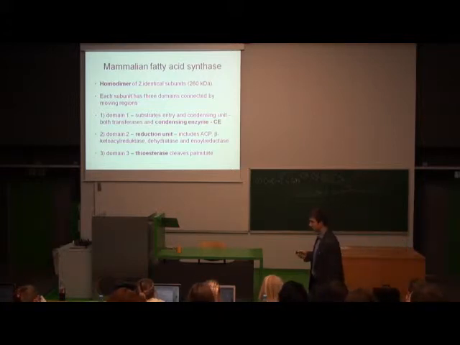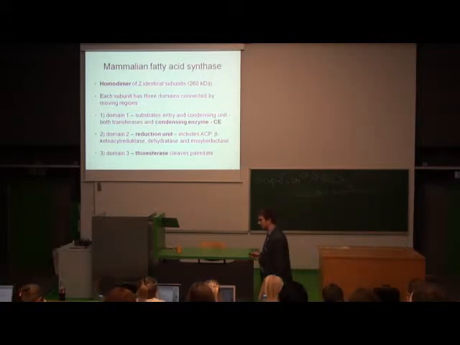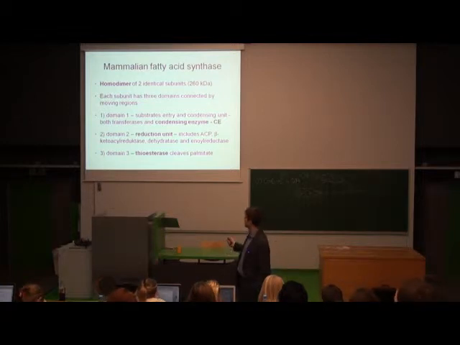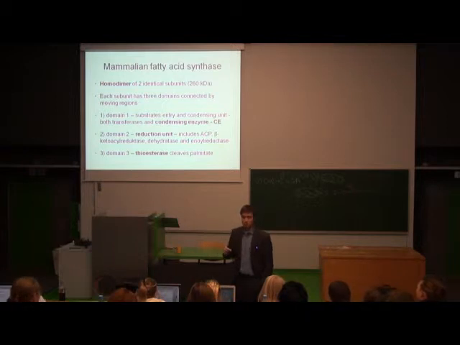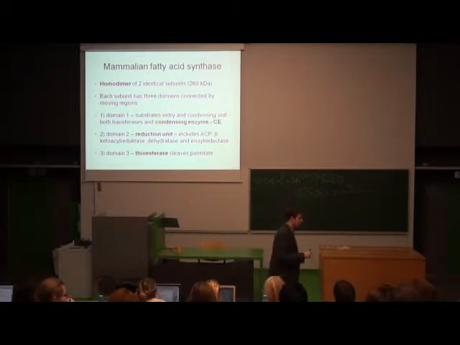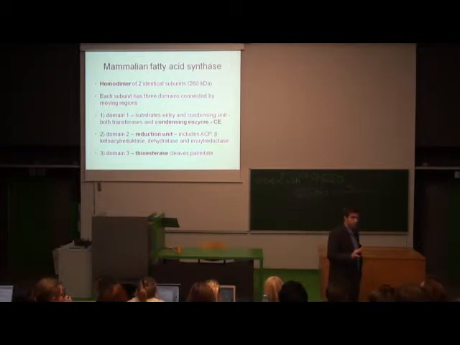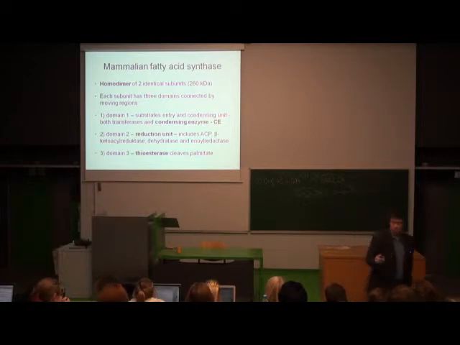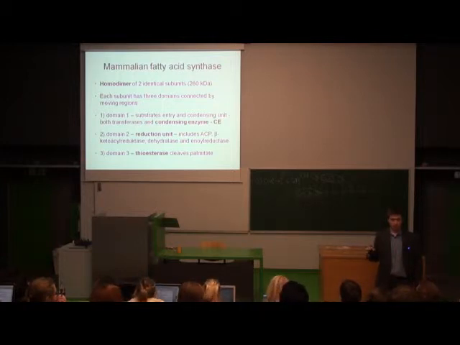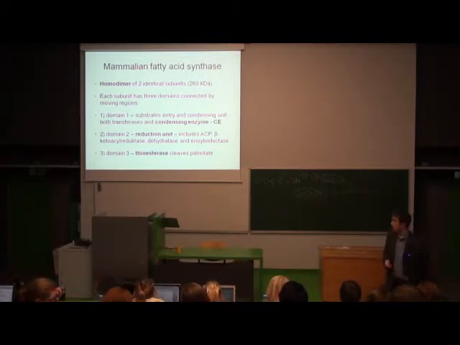The mammalian fatty acid synthase consists of 2 identical subunits, yes? And one subunit has 3 domains, yes? You do not have to remember what is where, but only take into account that it's a very big and complex enzyme. And therefore, there can be many problems in this enzyme, yes? Some genetic problems.